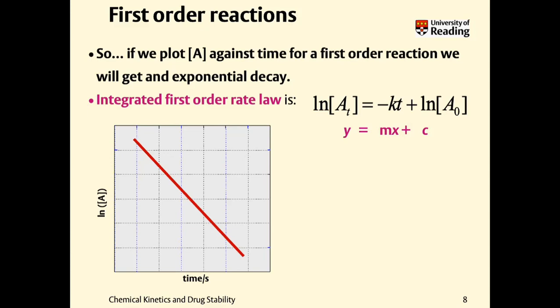From this straight line, we can now calculate the value of the rate constant k from the gradient. The gradient of this first order reaction, log of concentration against time, is equal to minus k. Now you're always going to remember that it's minus k even if you didn't know the equation, because you can see it's a negative gradient there and our rate constant wouldn't be negative.